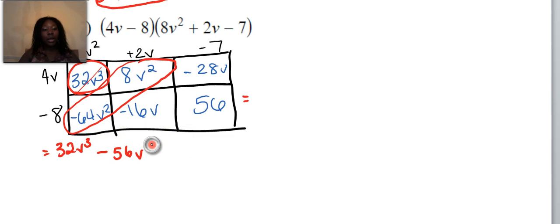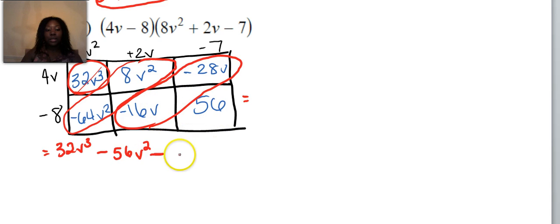Remember, you do have a calculator, so you can use that. Negative 16 minus 28 will give you negative 44b. Plus 56, and this is your final answer.